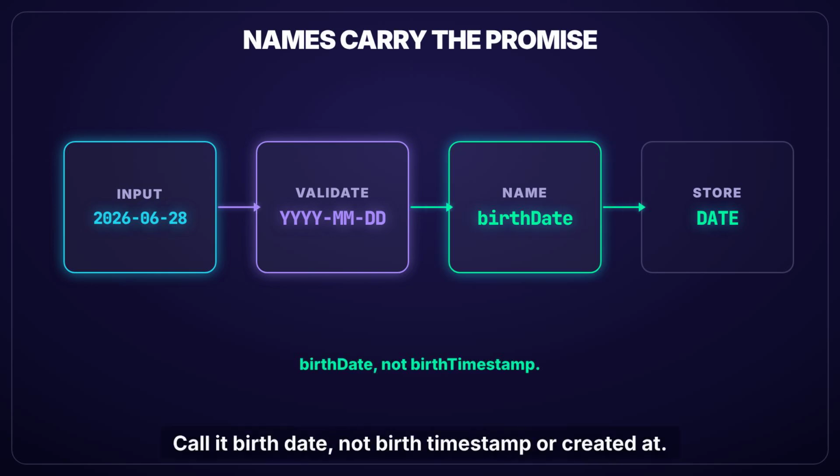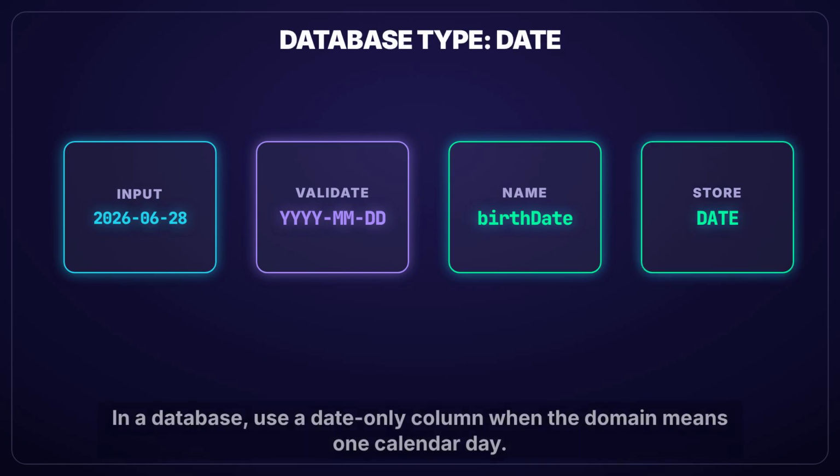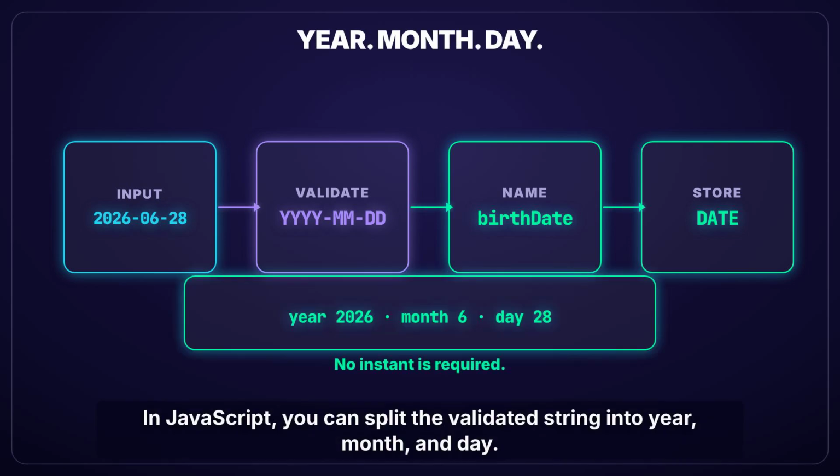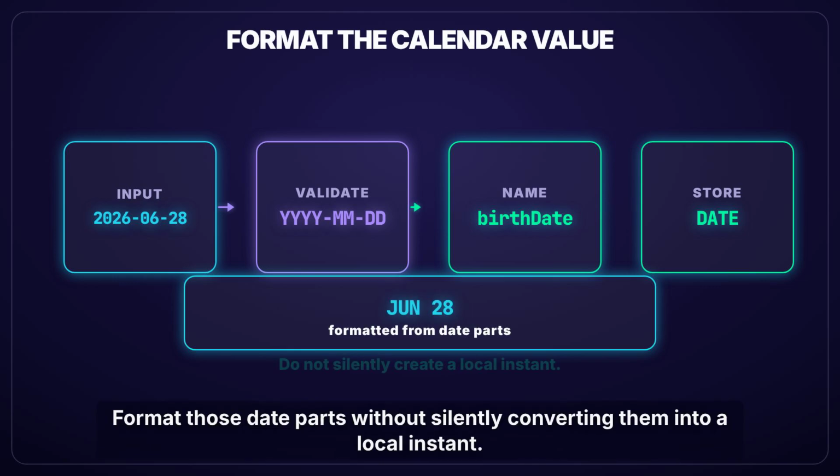Call it birth date, not birth timestamp or created at. In a database, use a date-only column when the domain means one calendar day. In JavaScript, you can split the validated string into year, month, and day. Format those date parts without silently converting them into a local instant.